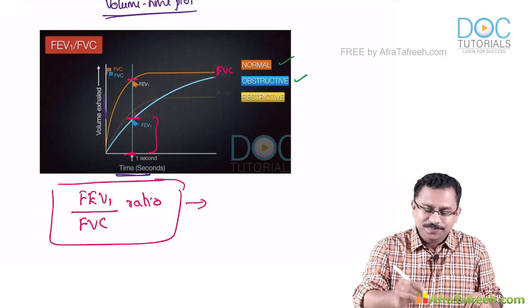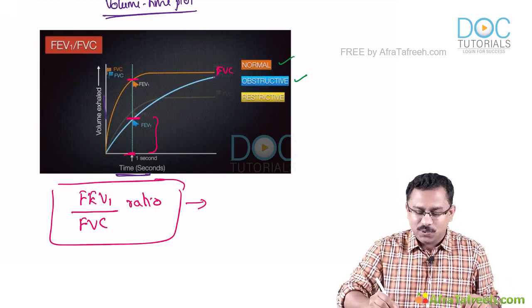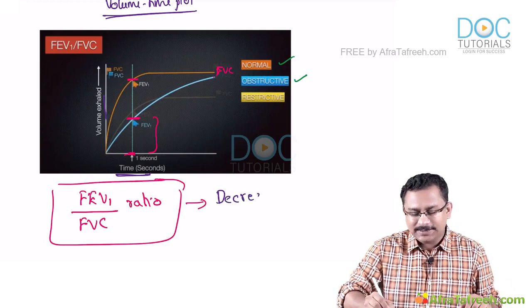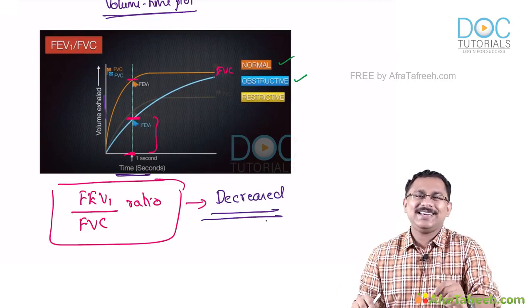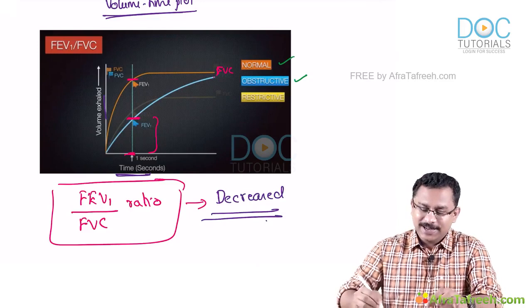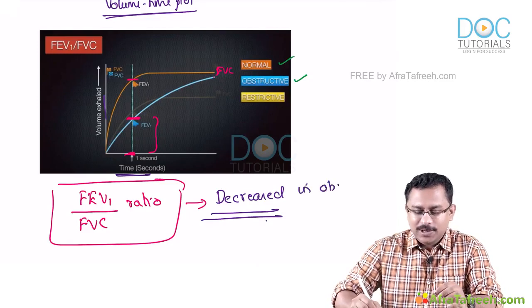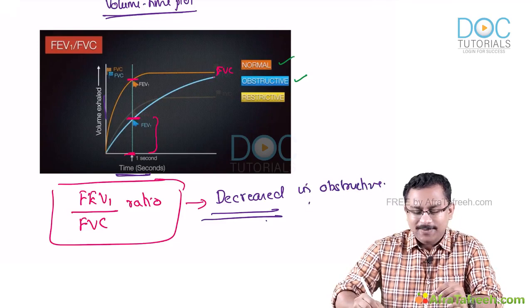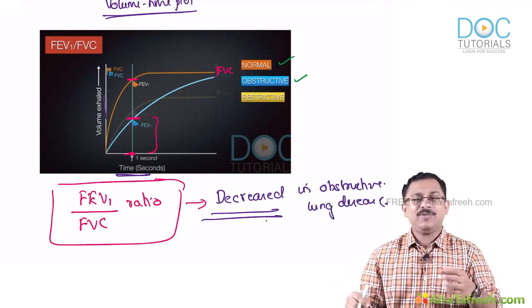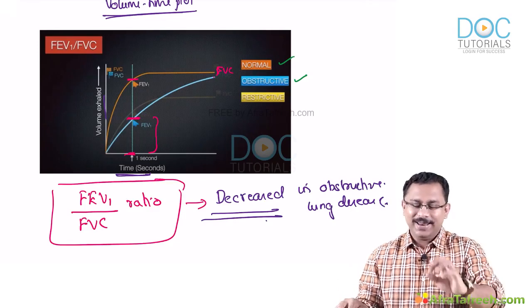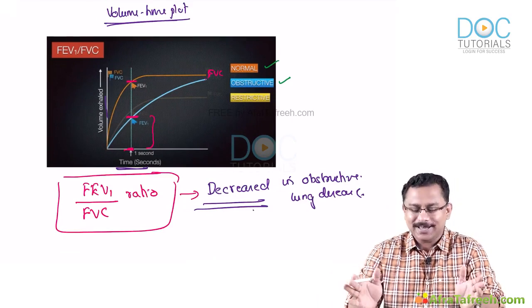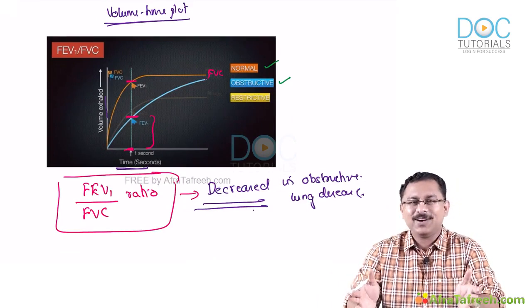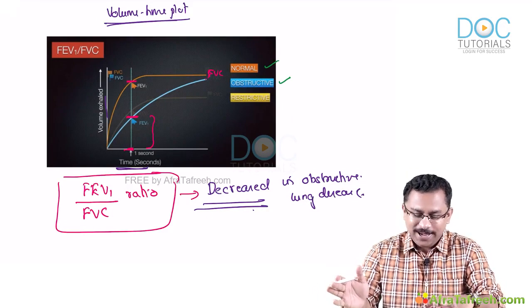So the FEV1 to FVC ratio is very much decreased. In your obstructive lung disease, you will have a lower value of your FEV1 to FVC ratio. Very clear.